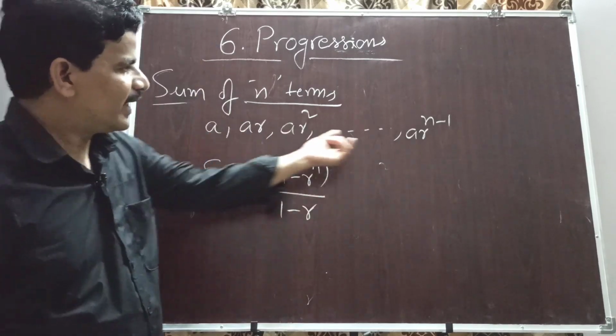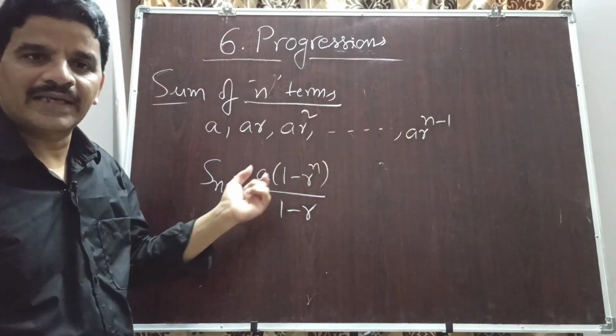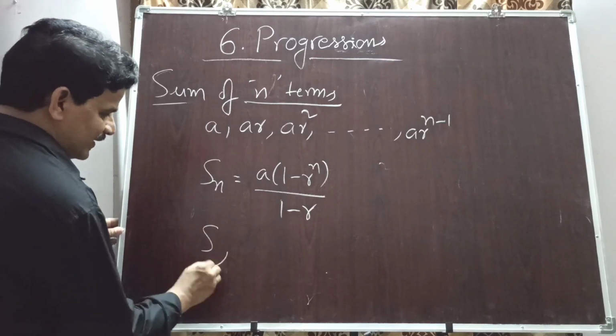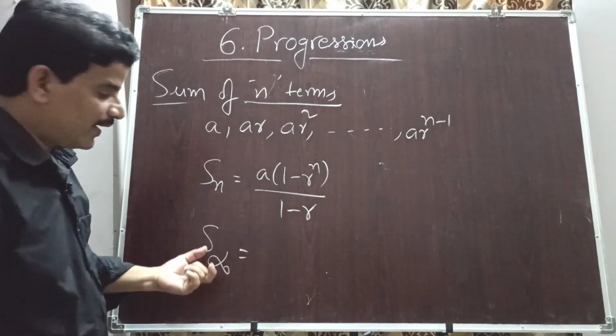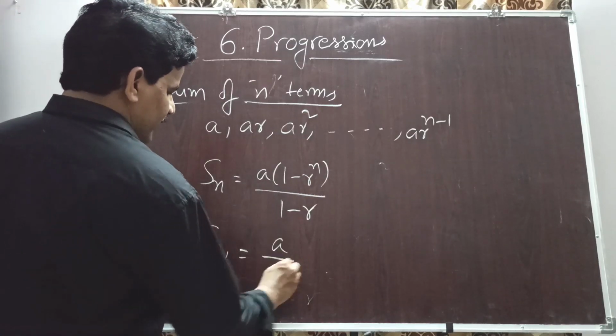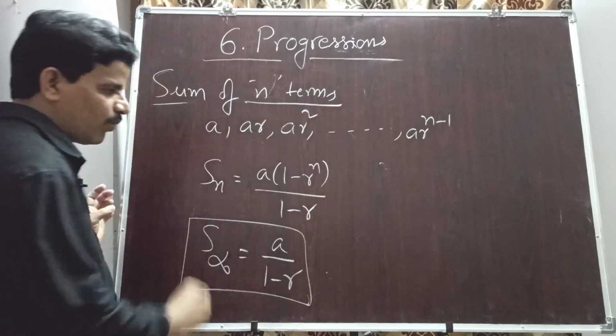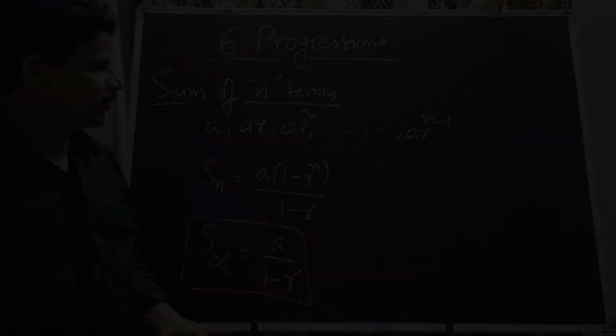When n is finite, we call it a finite geometric progression. If n is infinite, then S infinity, the sum of infinite terms of geometric progression, is given by a by 1 minus r. This is also a very, very important formula we use in problems.